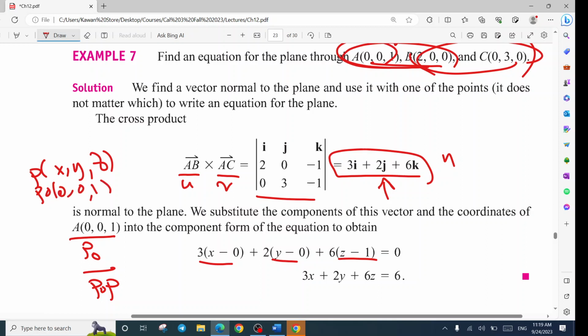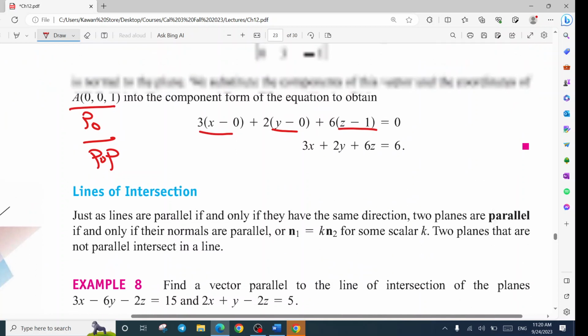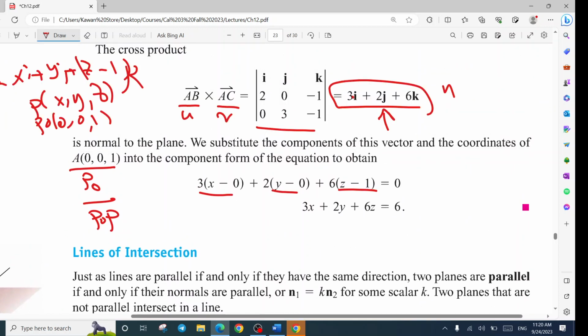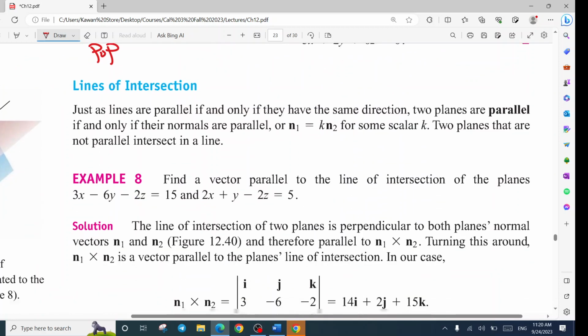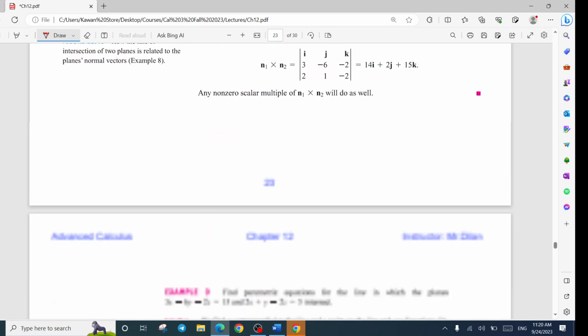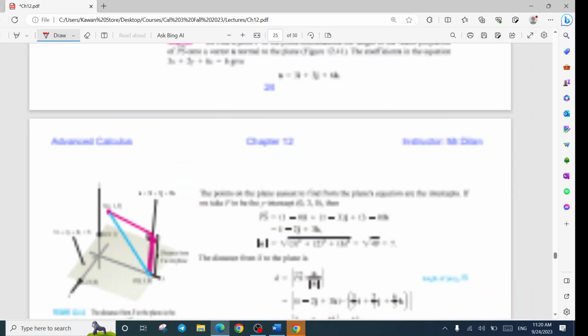So I say x minus 0, y minus 0, z minus 1, tamam, for P naught P in terms of i, j, k. Then multiply with n, as we did before, and you'll get the result. Any question, dears?